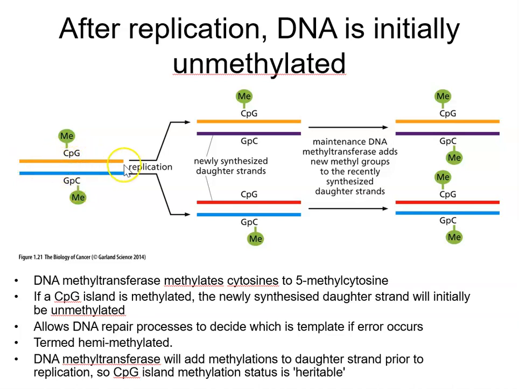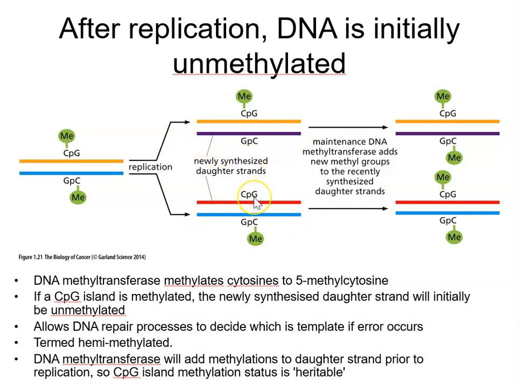And when these two strands are separated in semi-conservative replication, so we know that in DNA replication these two strands are separated and the new copy is made, we have the original template copy here and here, which contains the methylated cytosine, and we have a new strand of DNA which is unmethylated.